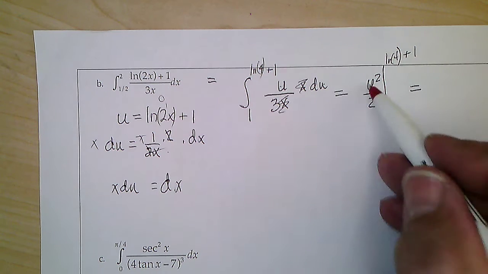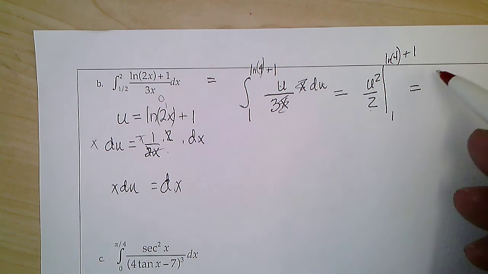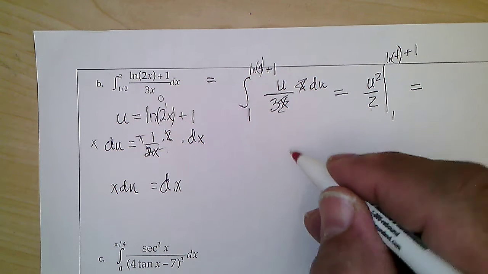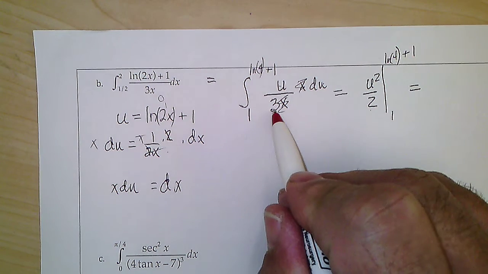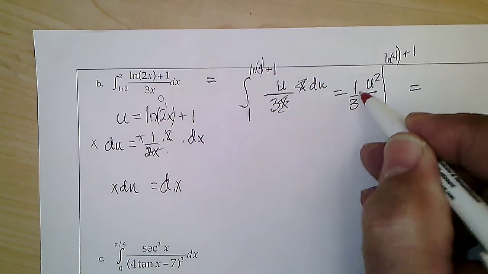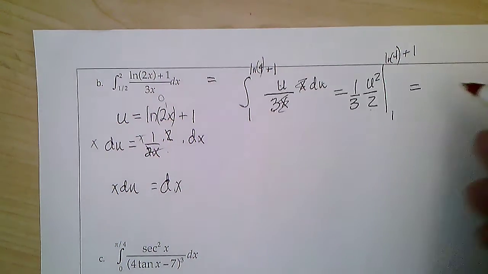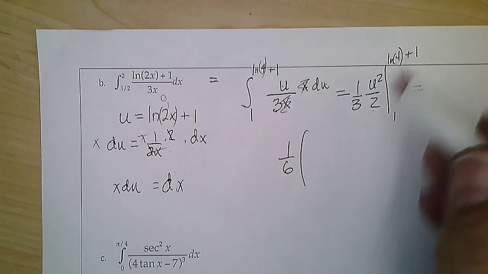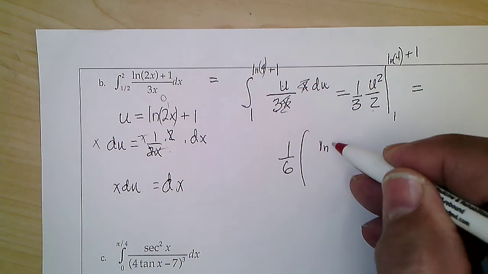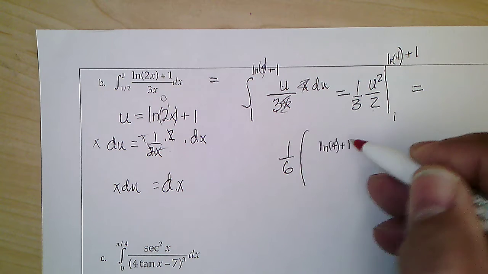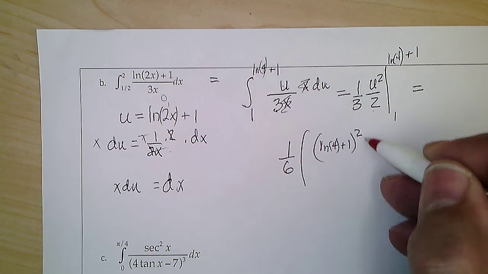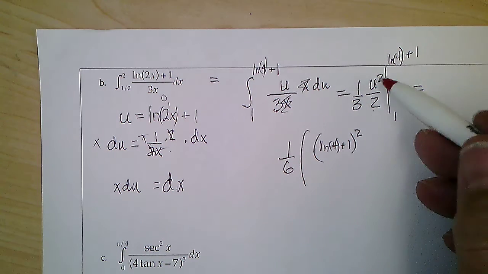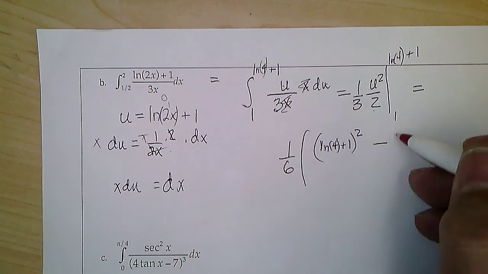Which I could change back, or I could just plug this in. So I'd have, did I forget my 3? Yes, I did, 1/3. So it becomes 1/6 ln of 4 plus 1 squared. I got the 6 out. Now I'm going to put in 1 minus 1/6.